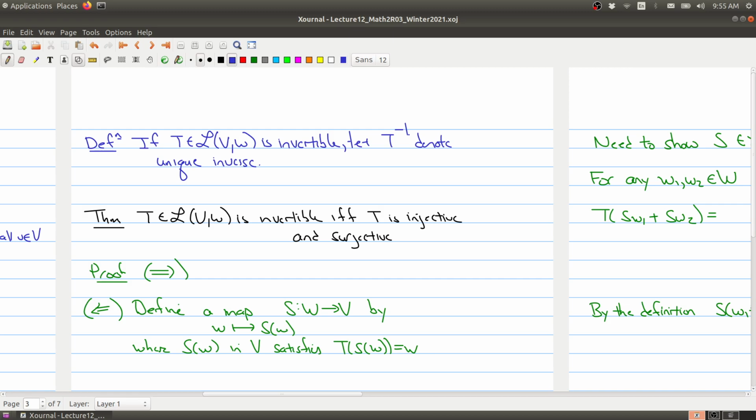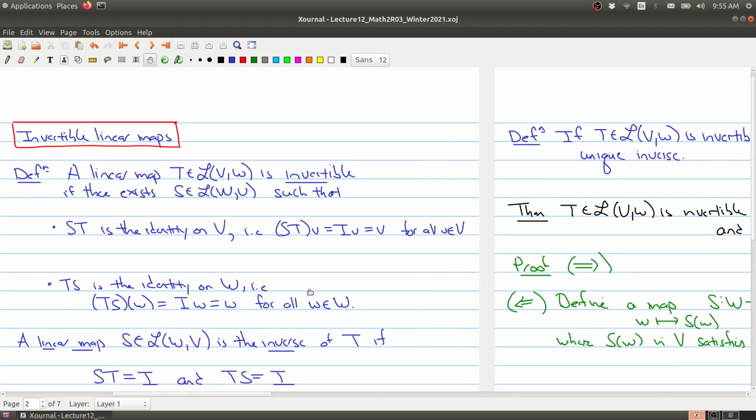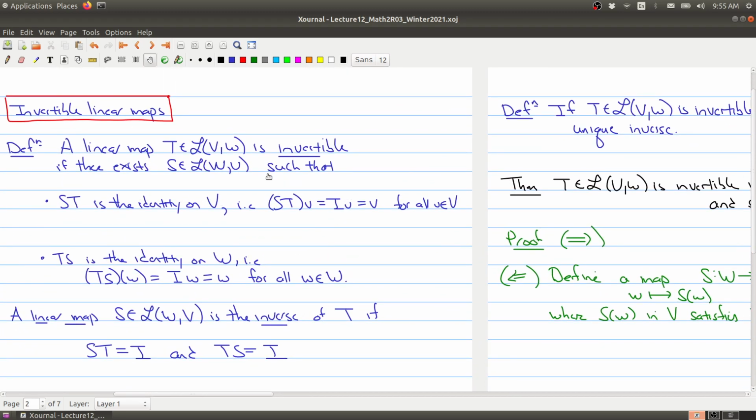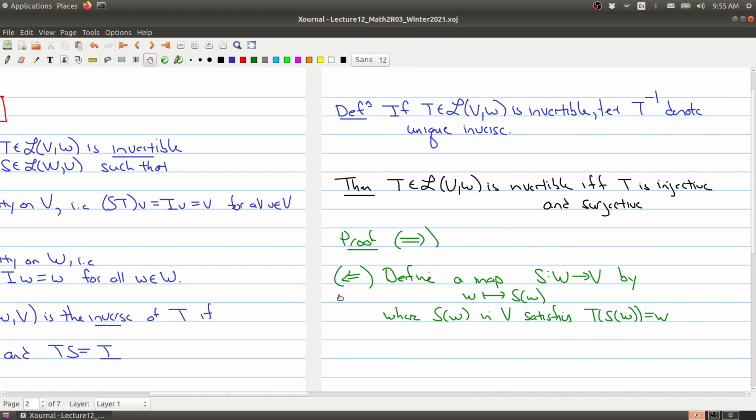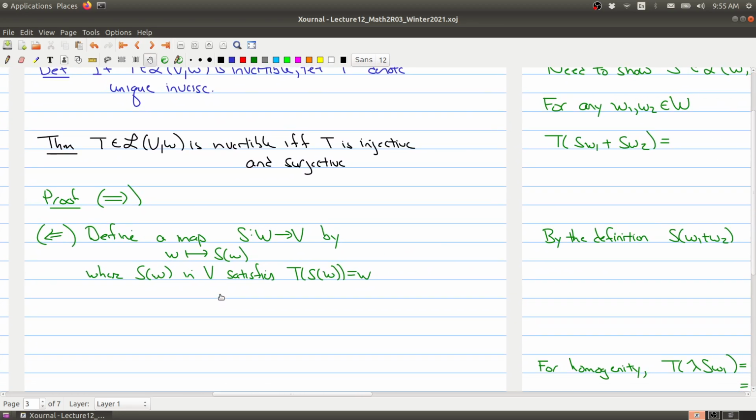Okay, so the next theorem gives us a way to check whether a map is invertible, because if you were trying to use the definition, you would have to check that both of these conditions are true. But the theorem tells us that to check whether a linear map is invertible, it's enough to show that the map is both injective and surjective.